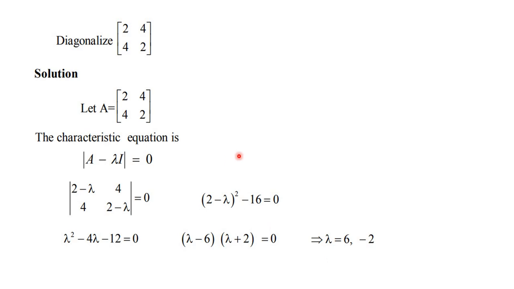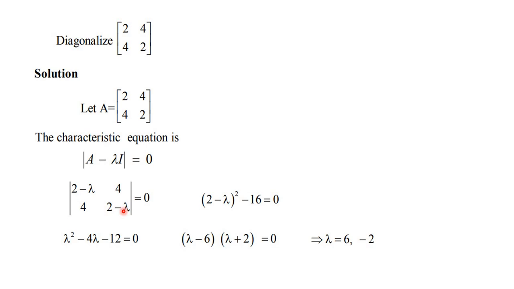So for diagonalizing this matrix, now we find the eigenvectors for these eigenvalues 6 and minus 2. So first we find the eigenvector for lambda equal to 6. Substituting here, we have 2 minus 6 is minus 4, then 4, then 4, 2 minus 6 is again minus 4.